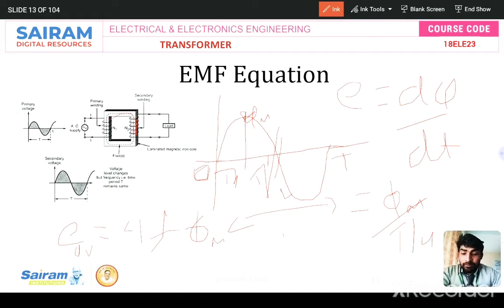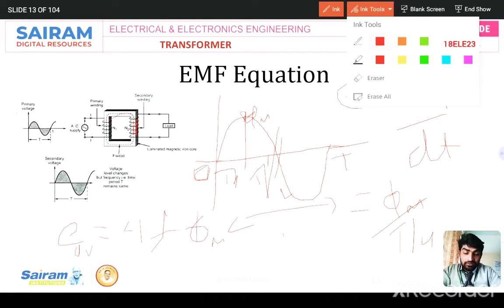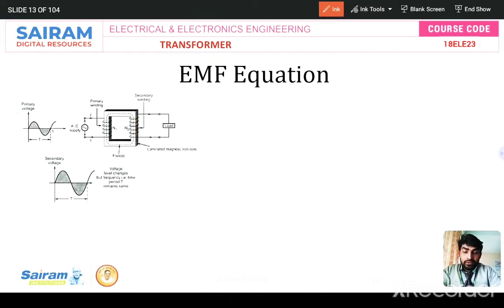This is the average induced EMF. I just multiply if you want the RMS value of the alternating quantity. Just to remember, E average is equal to 4F phi m, okay?